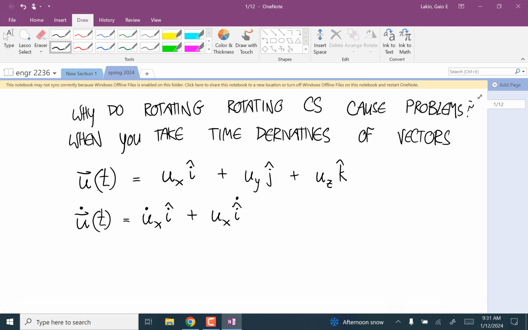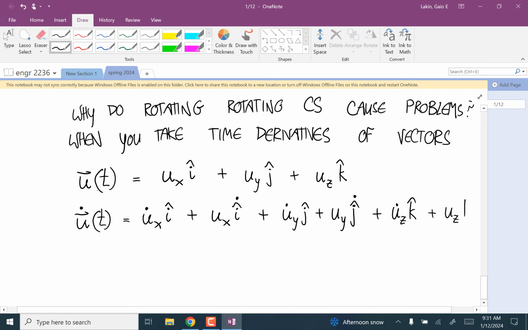What is that thing? You've never seen anything like that before. And okay, you'd rather not have to deal with it. And then you have plus uy dot times a vector in the y direction plus uy times j dot, and then plus uz dot times the vector in the z direction plus uz times k dot. Okay?